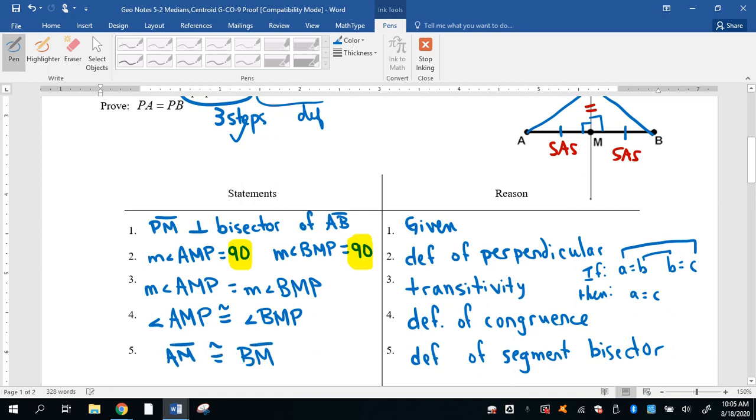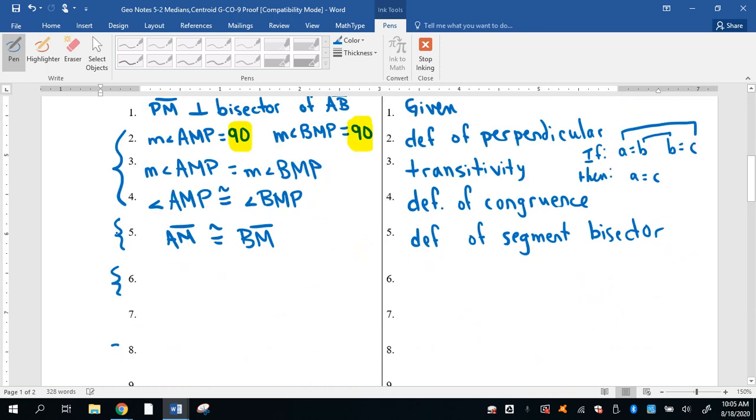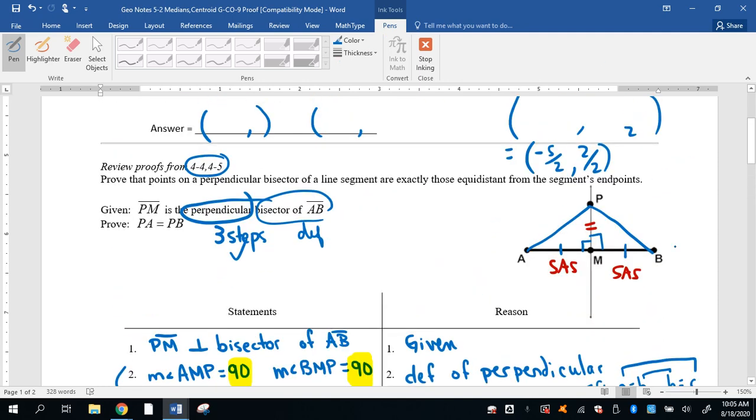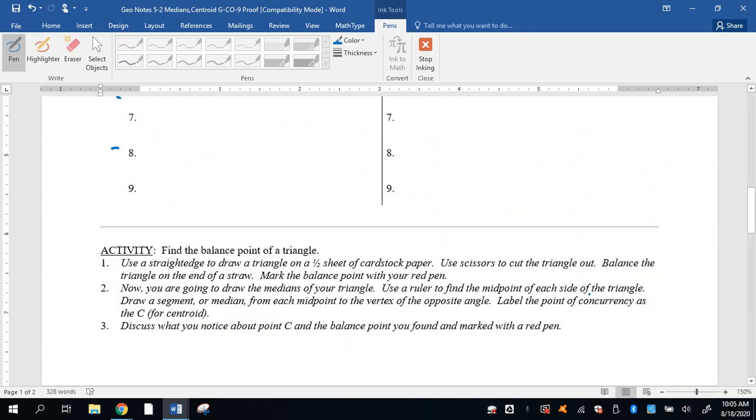Now, statements 2, 3, and 4 and statement 5 can be in either order. Also, statement 6 can be first, like you could do 6 first, then 5, then 2, 3, 4. So these three ideas can be in any order. For 6, we're going to talk about reflexive. So PM is congruent to PM by reflexive.